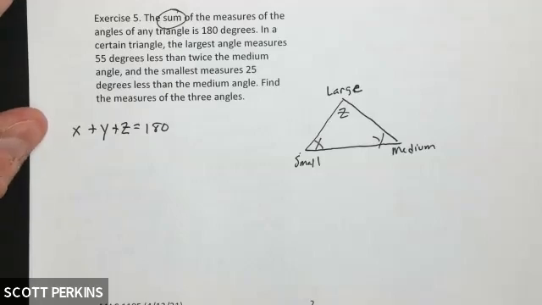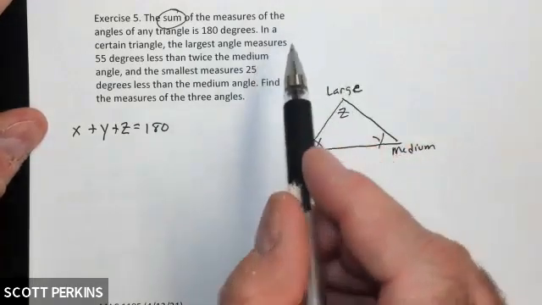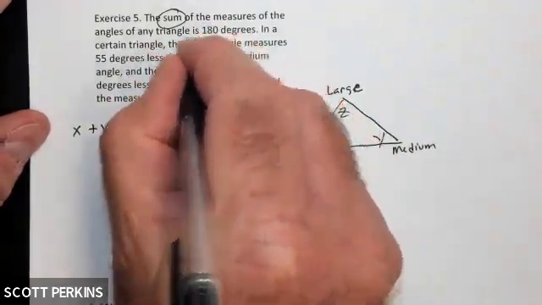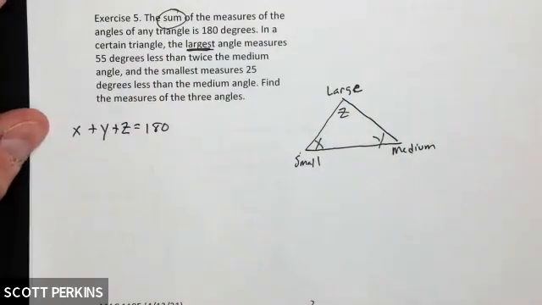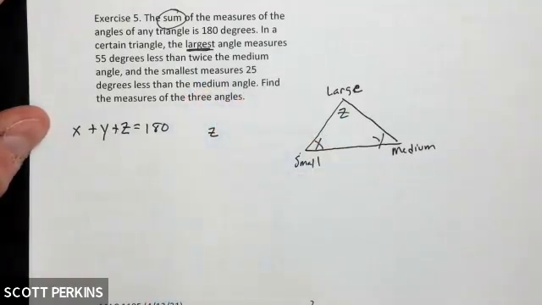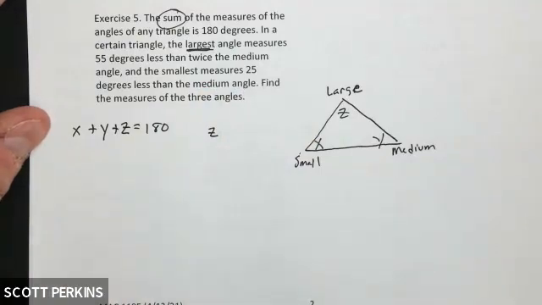All right, so the next ones we have to be careful translating. The next sentence says, in a certain triangle, the largest. I'm going to pause for a second and underline the word largest. Whatever letter you used for the largest, I used Z, so I'm going to start off with that. I'm just going to put that right here, Z. So if you used A or X or whatever letter you used for the largest should be right there.